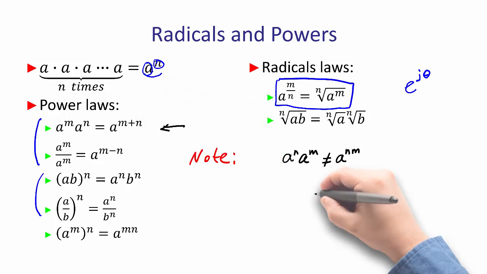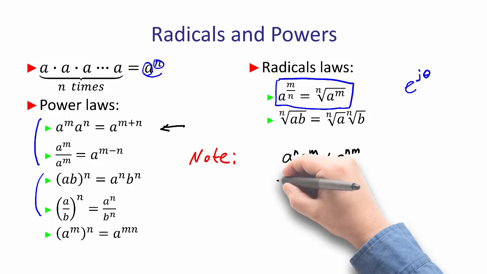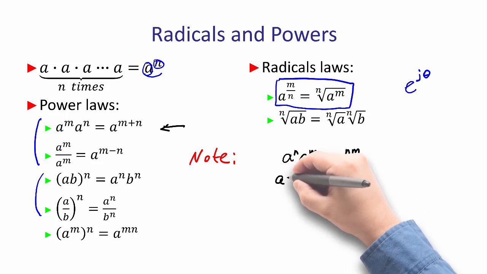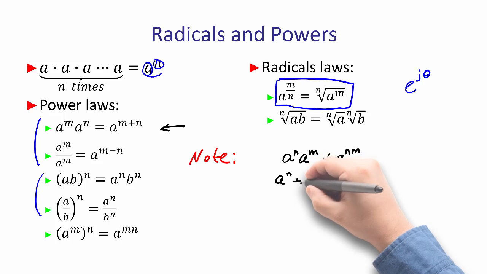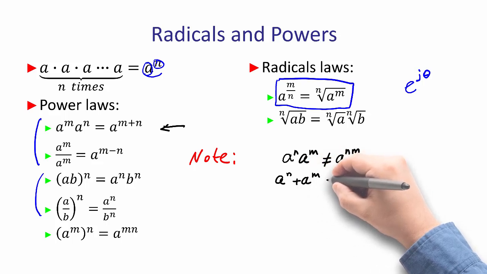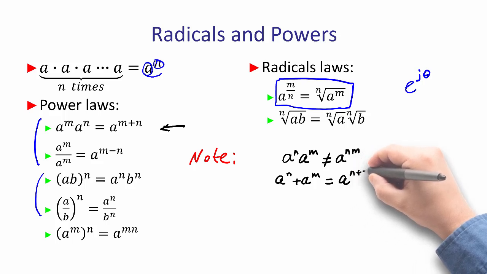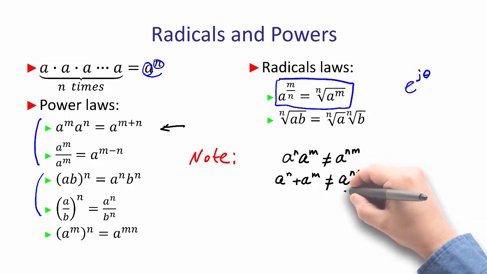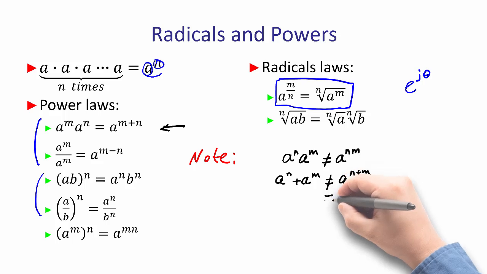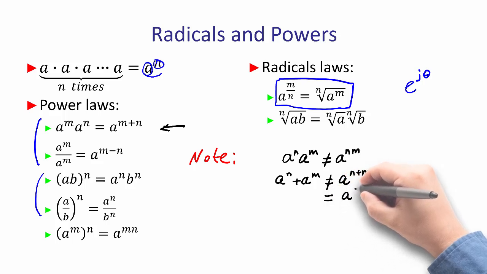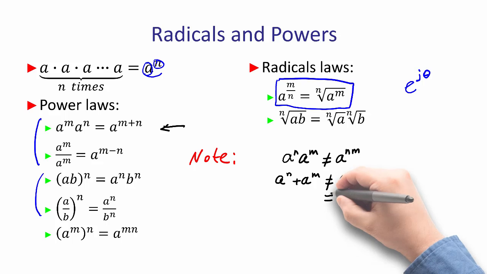The second mistake, which is very common, is writing something like that: a to the power of n plus a to the power of m equals a to the power of n plus m, which is of course also incorrect. It is also not true that this one equals a to the power of nm. This is also incorrect.